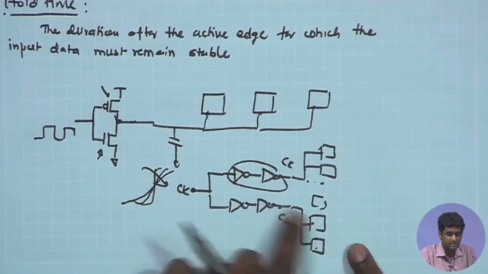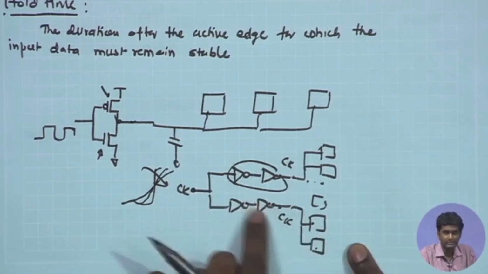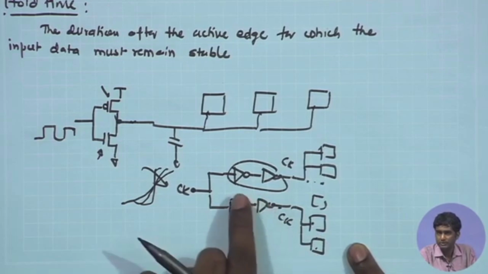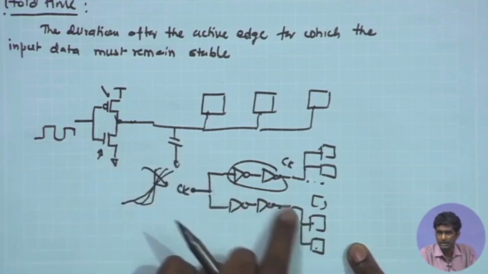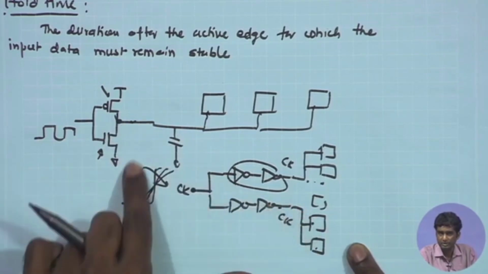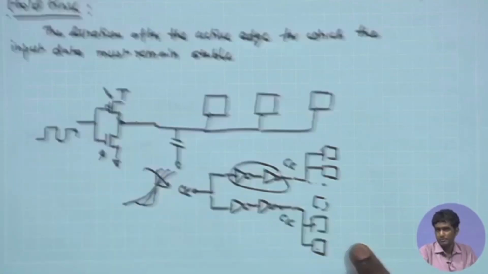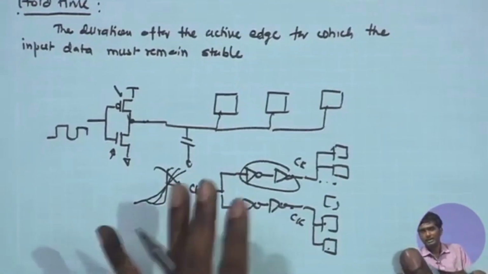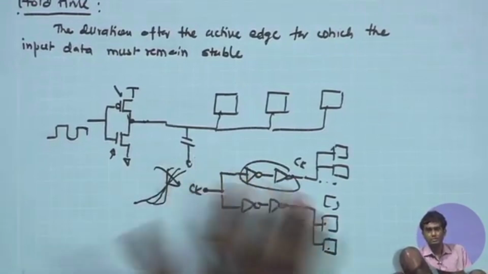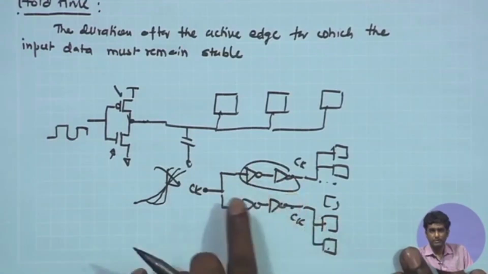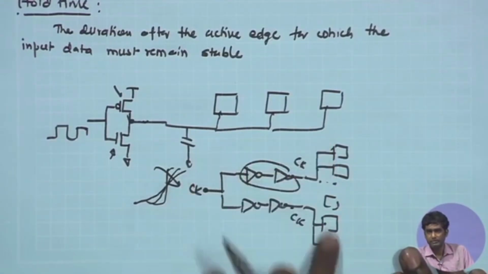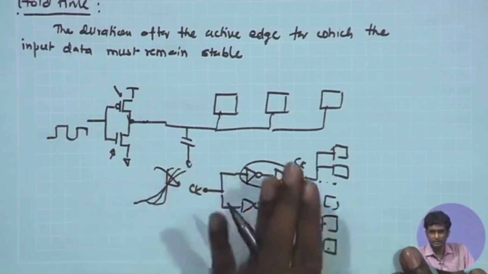So, the larger the fan out, you need to keep the dimension of these transistors also larger, so that it can supply appropriate charging and discharging current, and the transition can be faster. This is another important point whenever you are looking at digital circuitry and their transistor level implementation, you should take care of these fan outs, that a single gate driving many different gates will lead to degradation of rise time and fall time.